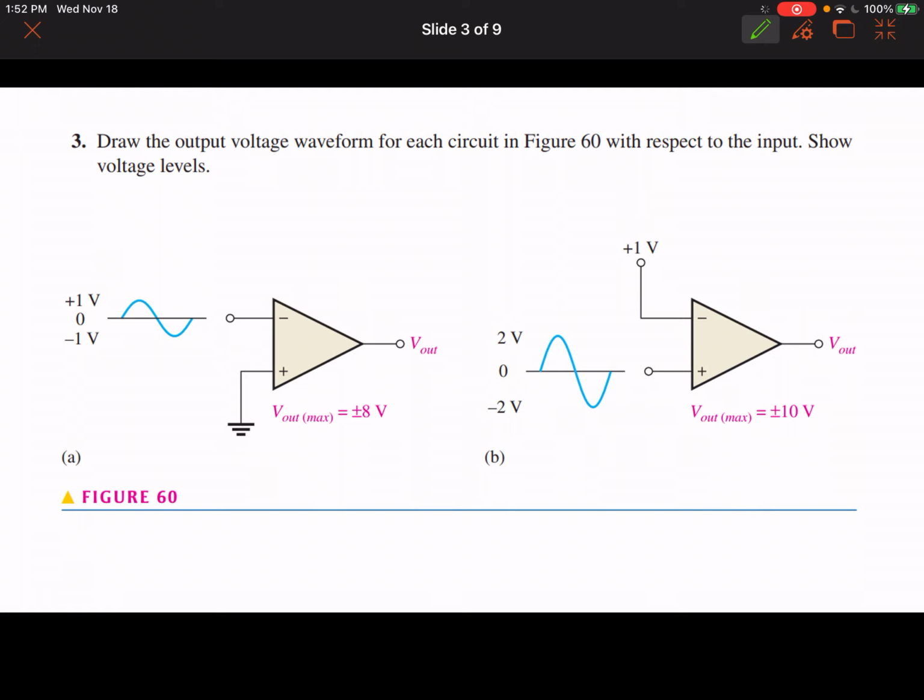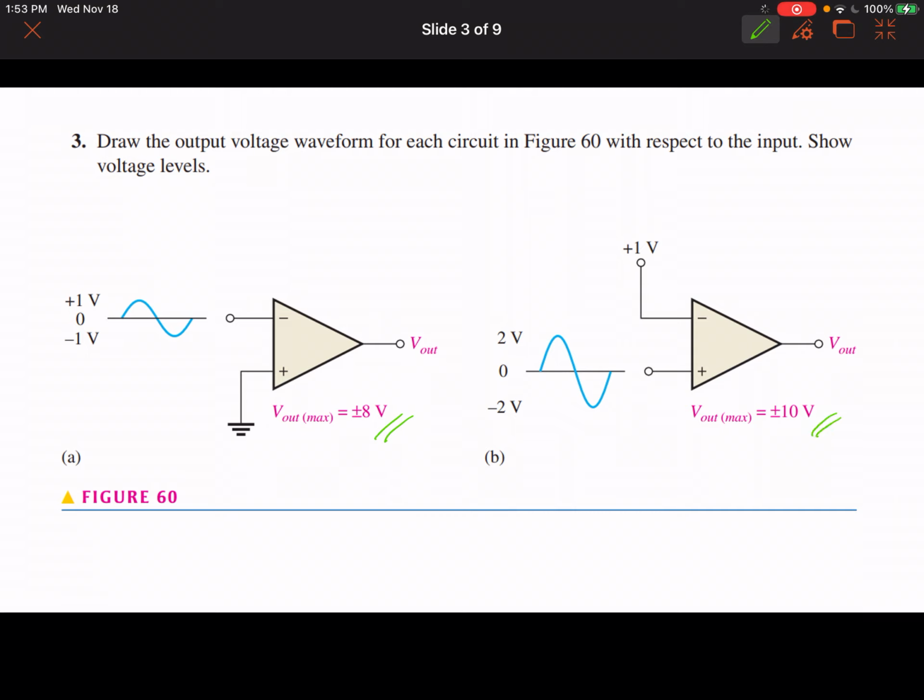This means that whatever input we put in, the output is determined by the open loop gain, which is typically hundreds of thousands. And the maximum voltage here, at least in the first figure, is plus or minus 8 volts, and for the second figure, it's plus or minus 10 volts.